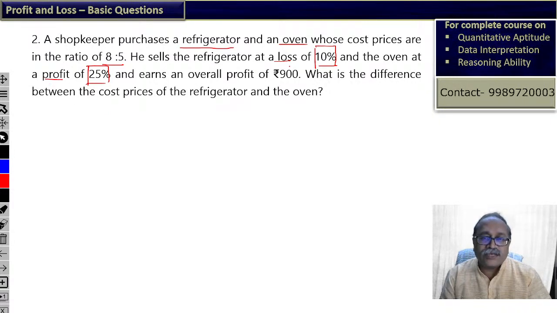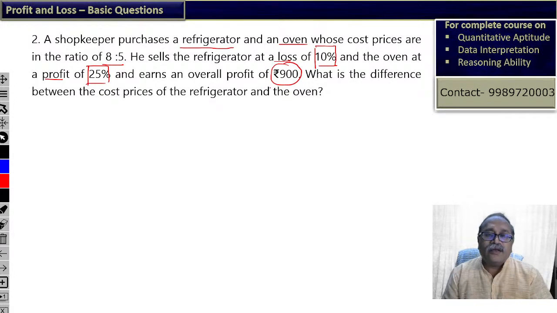And overall he has a profit of 900 rupees. What is the difference between the cost price of the refrigerator and the oven?